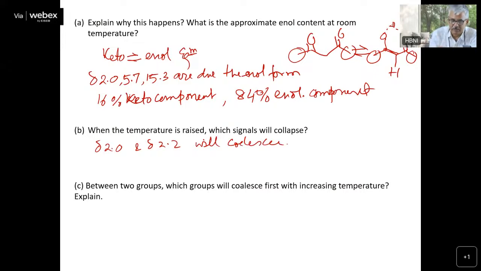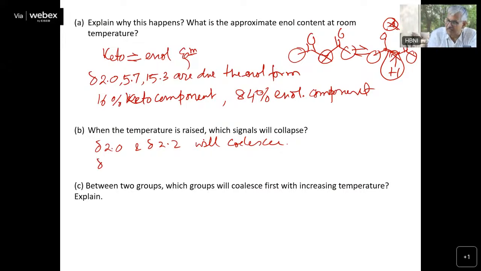Similarly, all these protons, this and the OH, their origin is from the same proton. The origin is the same.